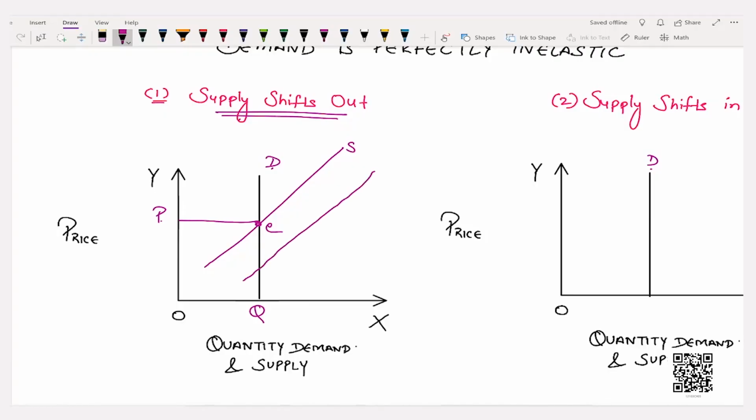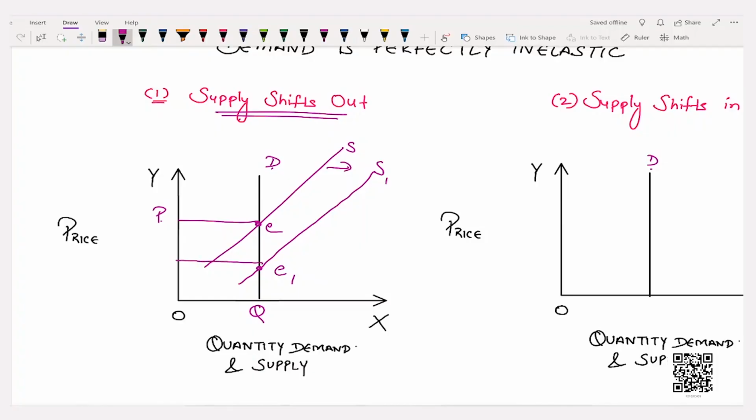So shifting the supply curve towards the right will give us a new supply curve which will be S1. This will intersect the demand curve at point E1, which is the new equilibrium point. Now the equilibrium price will decrease from OP to OP1.